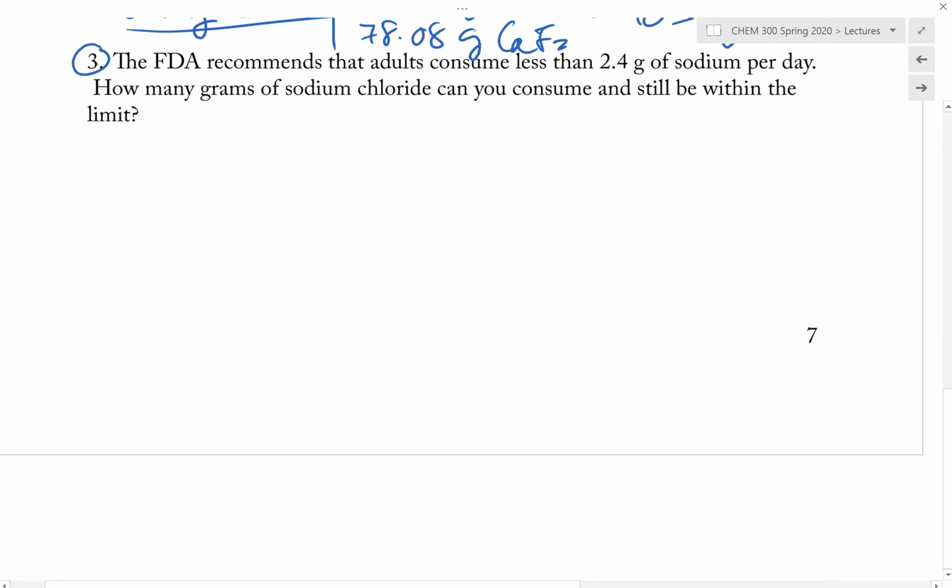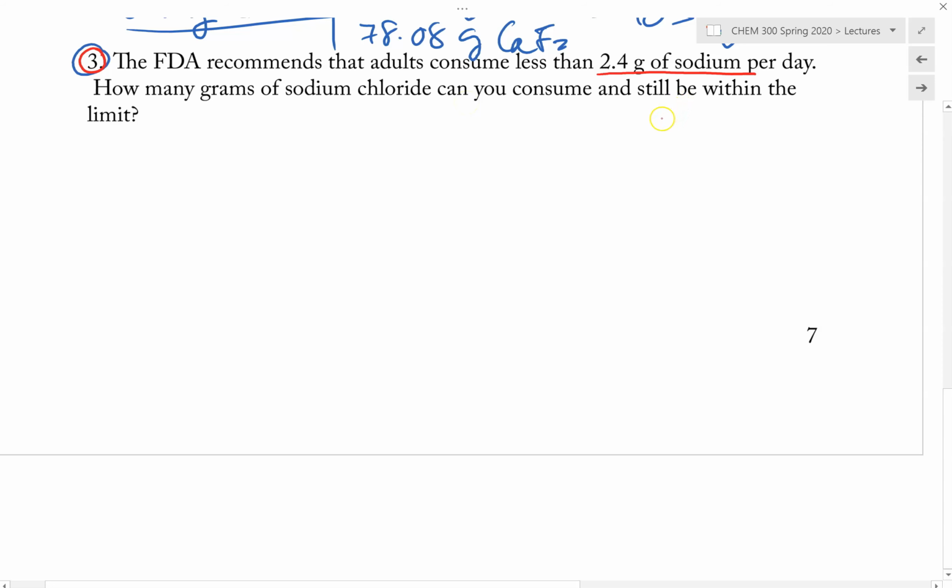And now let's try another example involving the percentage of composition or the percentage by mass as a conversion factor. So example number 3. The FDA recommends that adults consume less than 2.4 grams of sodium per day. How many grams of sodium chloride can a person consume and still be within the limit?